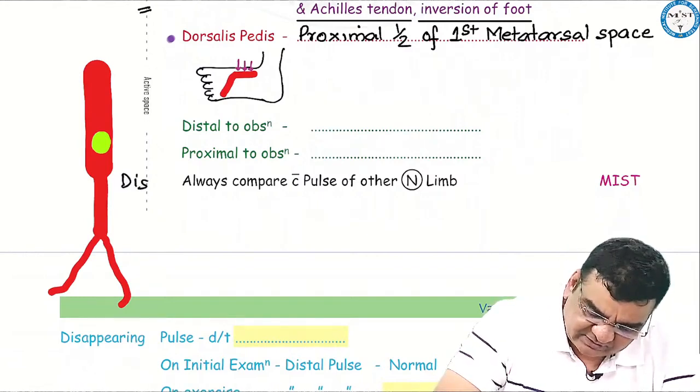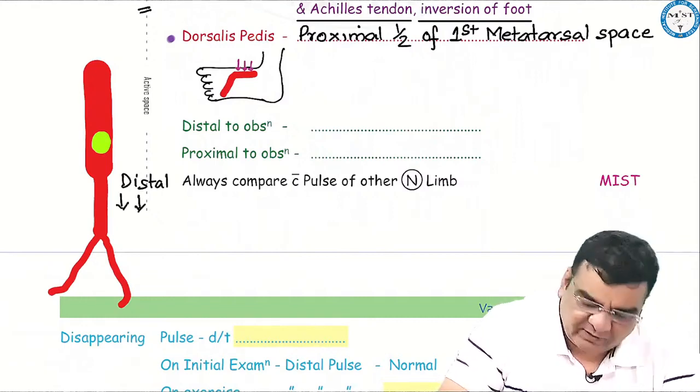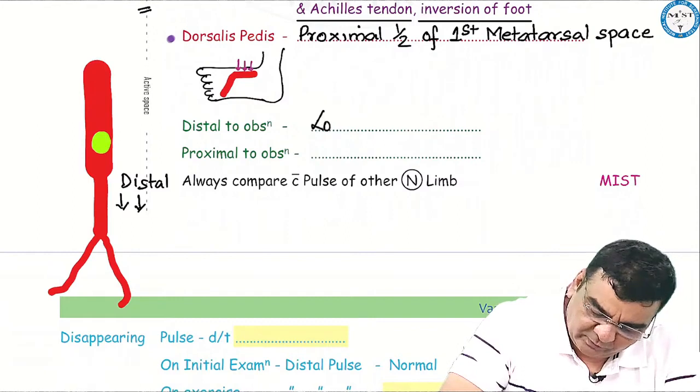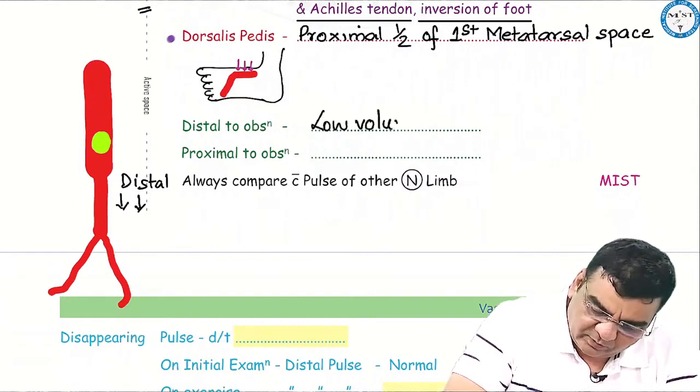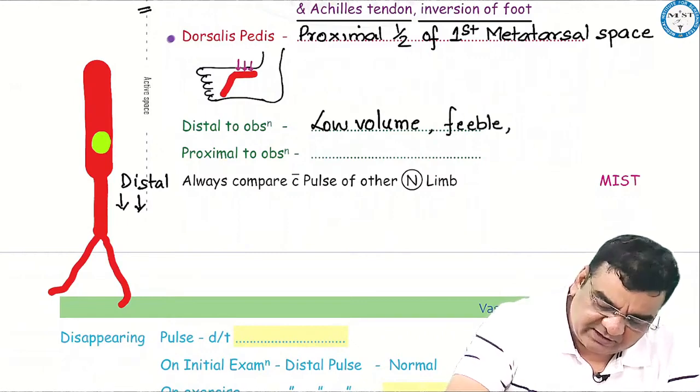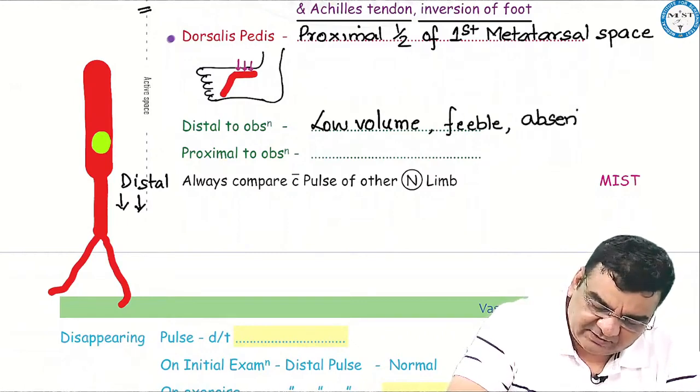Since the blood volume has gone down, distal pulses will be feeble or low volume, or sometimes they can even be absent.